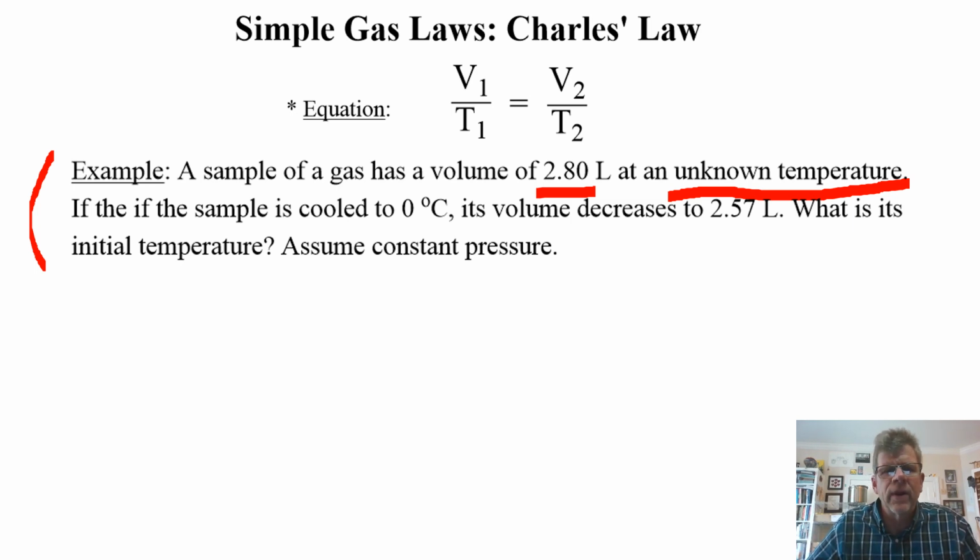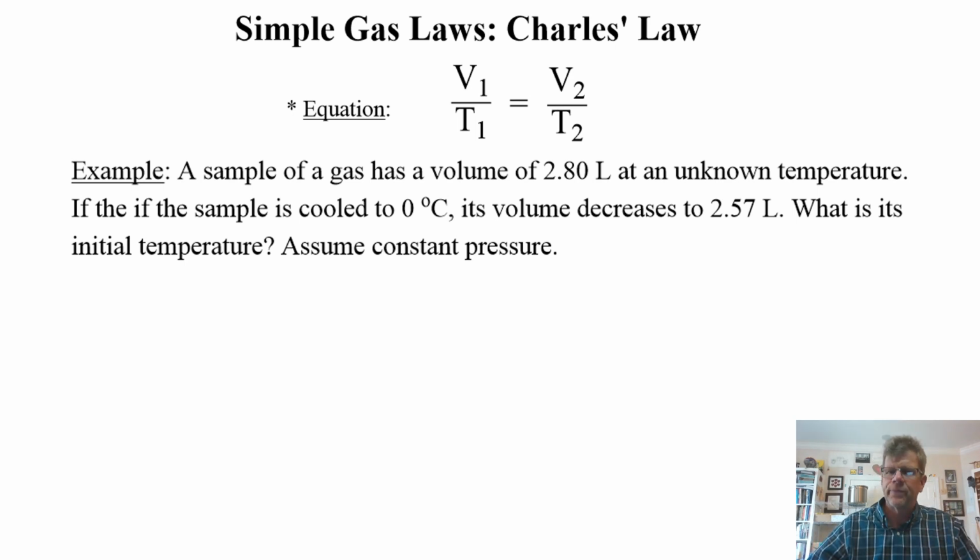If the sample is cooled to 0 degrees Celsius, that is temperature 2, T2, and its volume decreases to 2.57 liters, that's V2. What was its initial temperature? And assume constant pressure. Again, a dead giveaway for Charles' law. It's the only one that holds pressure constant.